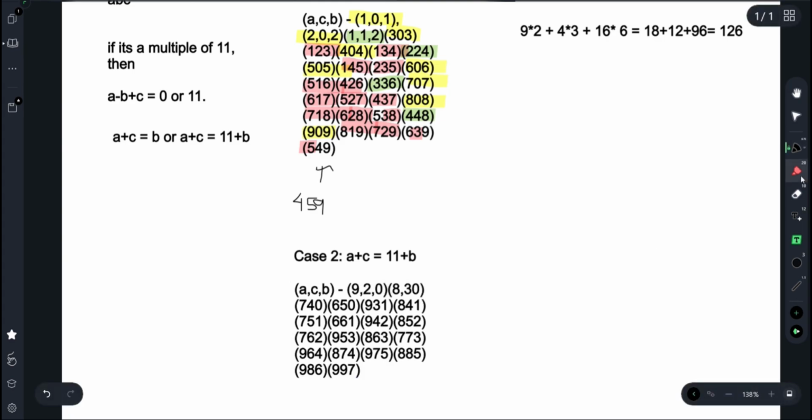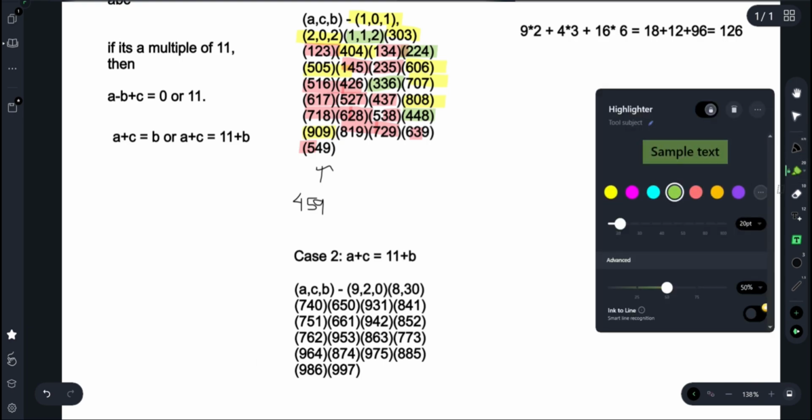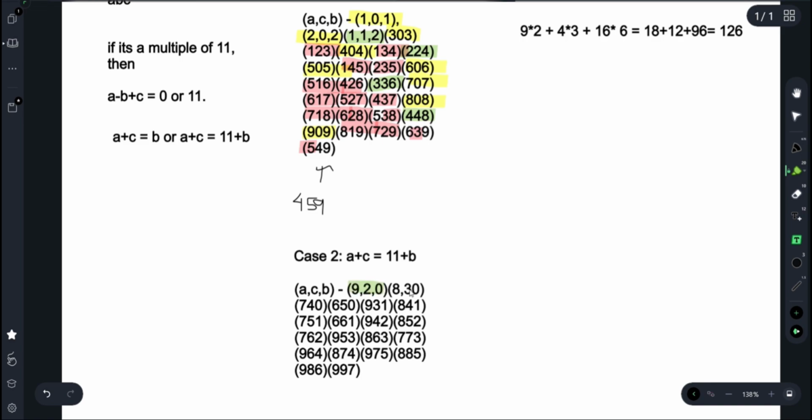So now we can just highlight the ones that have zeros in them, which is the first 4.